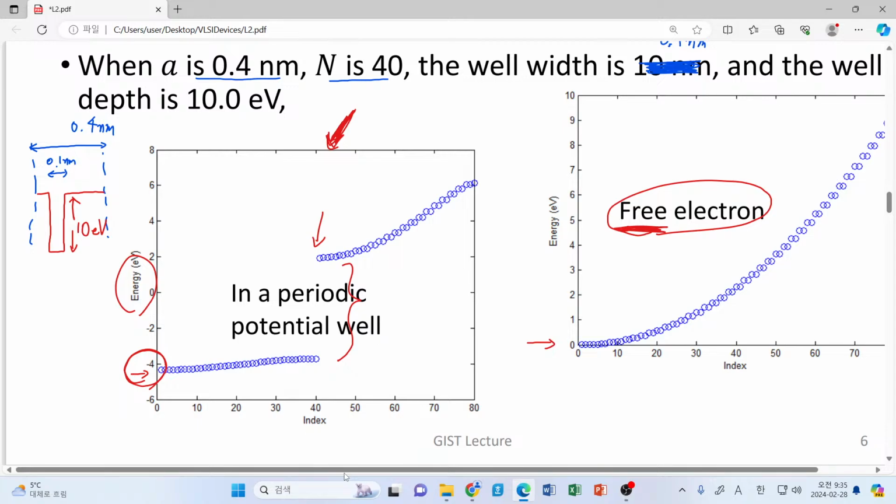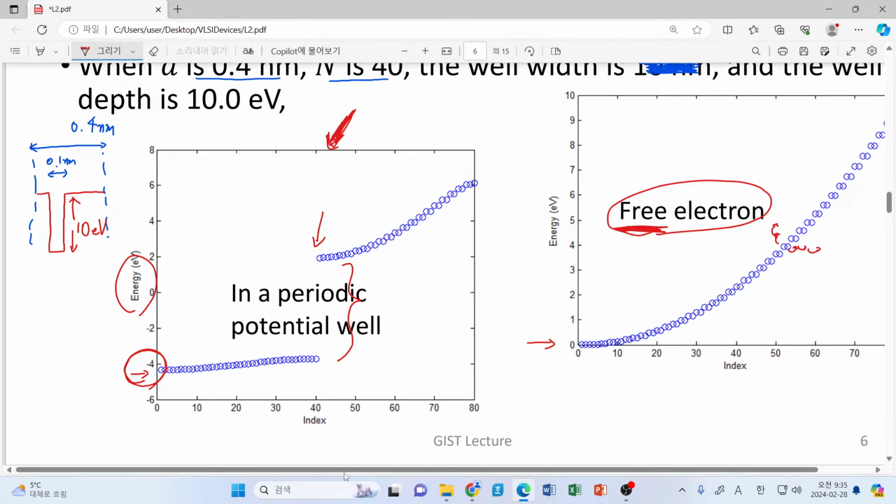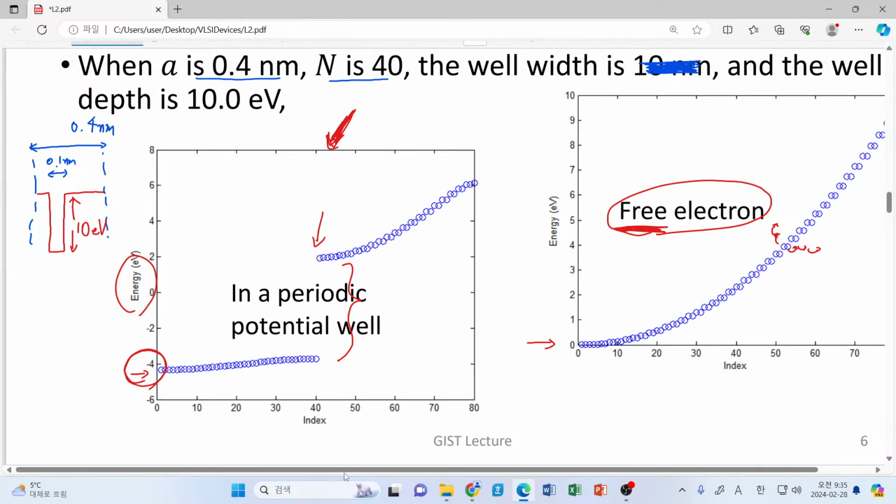For example, if we slightly change our mode index, then what happens? Only the energy is incrementally, slightly changed. They are looking quite smooth. Of course, they are different, but since the x-axis is slightly changed, the y-axis is also slightly changed.